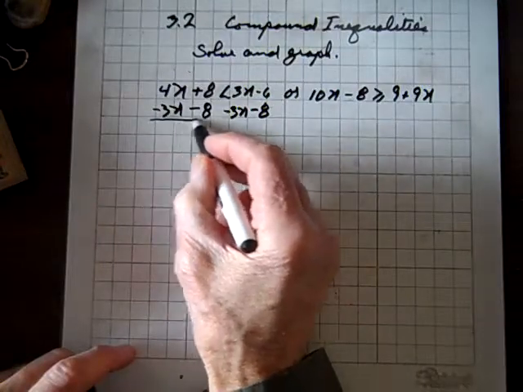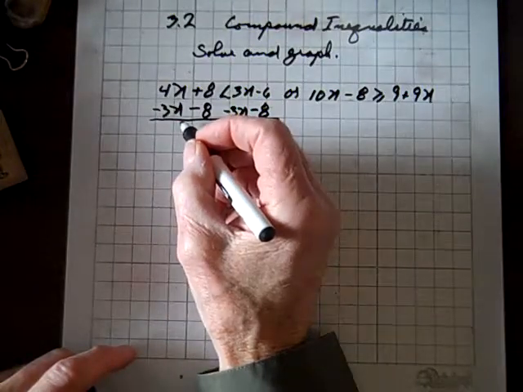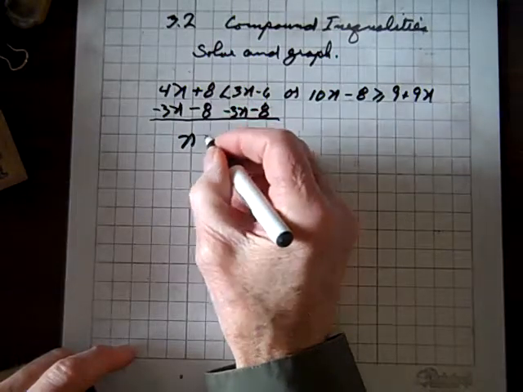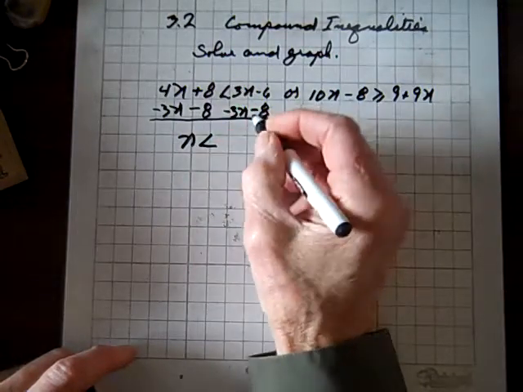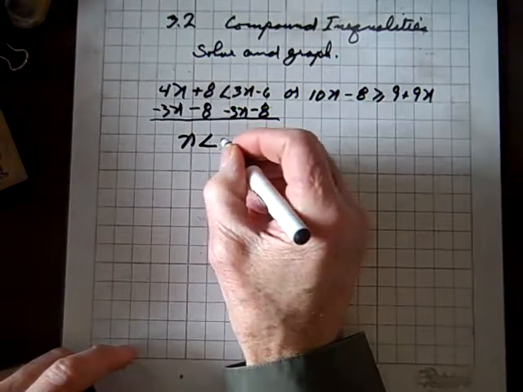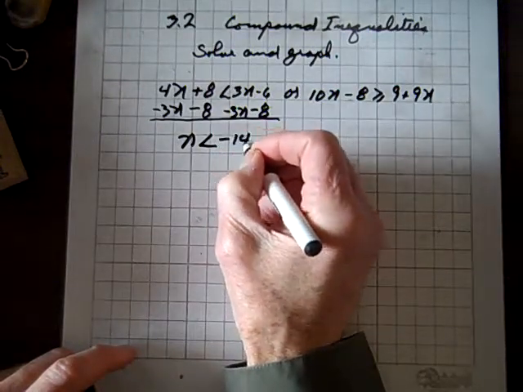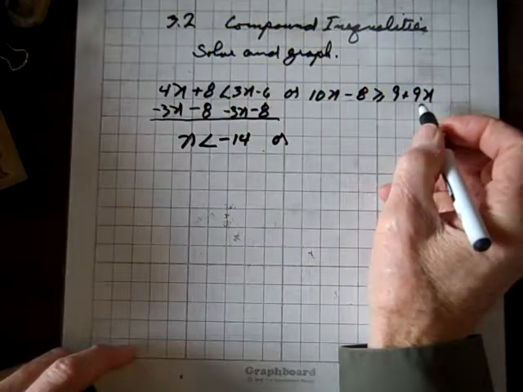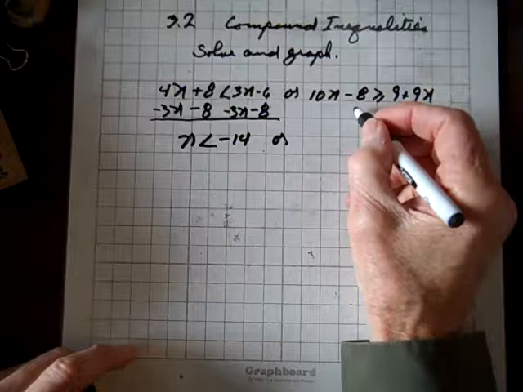And when we do that, what we get is n, and the 8's add out, is less than, and I have negative 6 and negative 8 is negative 14. So that's done.